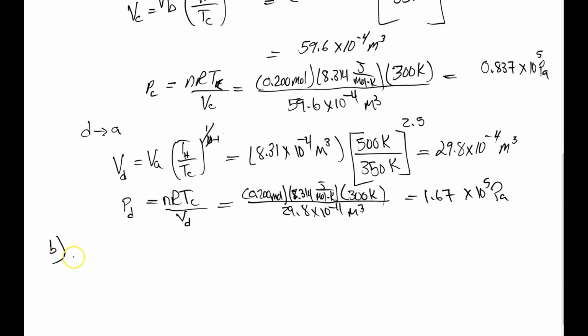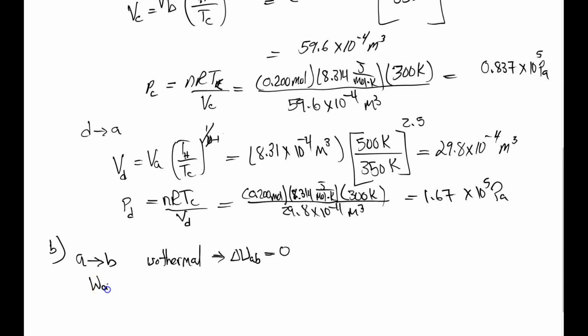For part B, if we look at the process from A to B, it's isothermal. And that means that the change in internal energy is 0.